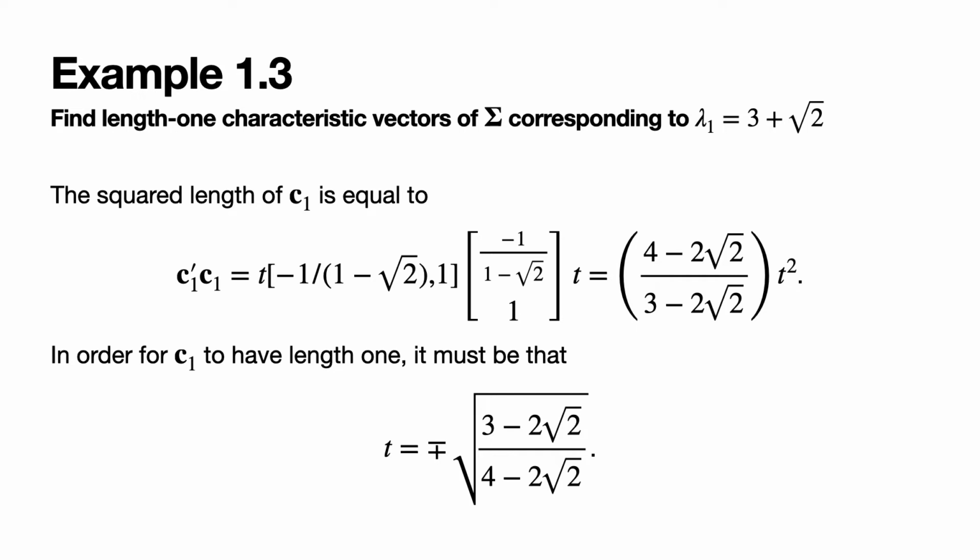So the ratio, 4 minus 2 times the square root of 2 over 3 minus 2 times the square root of 2, that times t squared. Now, in order for the vector C1 to have length 1, it must therefore be that this constant t must be equal to either negative the square root of 3 minus 2 times the square root of 2 over 4 minus 2 times the square root of 2, or the positive value of that.